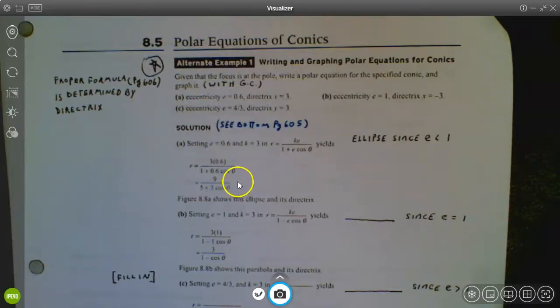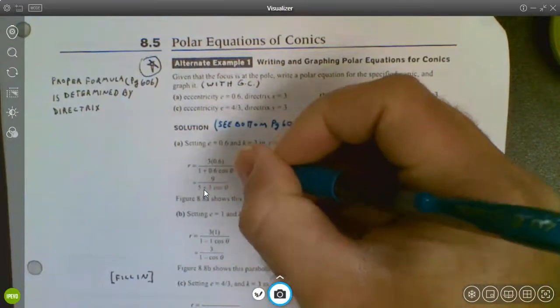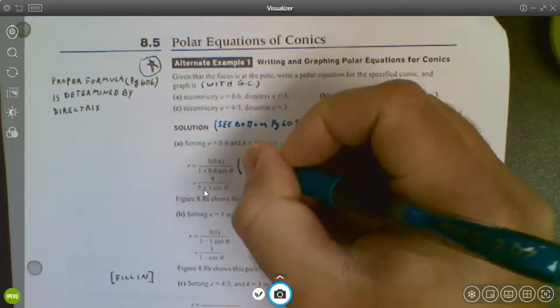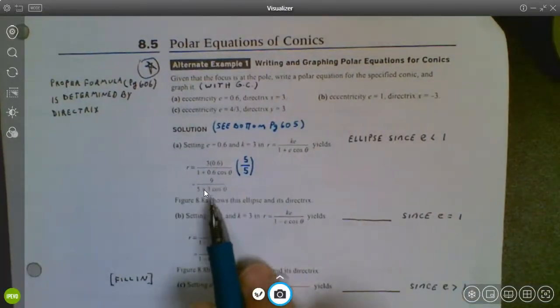All right, so if we do a little cleanup on that, now, one thing they did on this, which I thought was a little interesting, is if you look at the change from here to here, what they did was they said, let's multiply by 5 over 5 in order to basically get rid of the decimals, right?